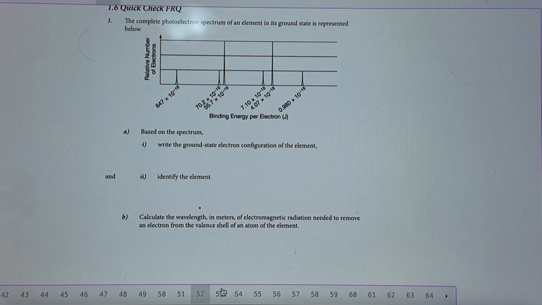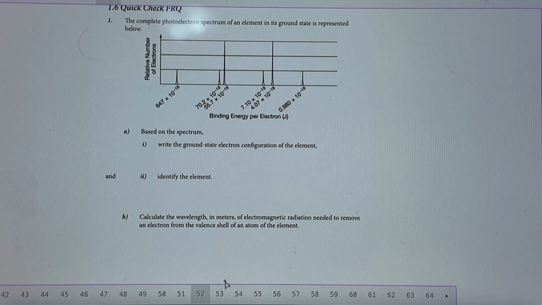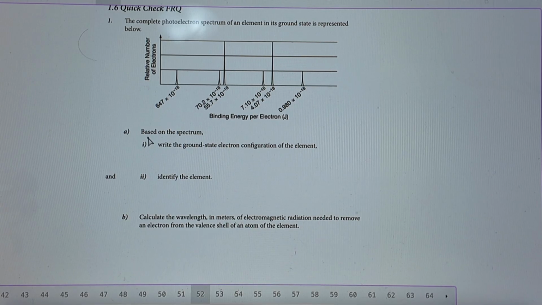Okay. So this question asks about the complete photoelectron spectrum of an atom in its ground state, represented below. Write the ground state electron configuration of the element. So that just means that it's probably lost a couple of its electrons. And so let's see.